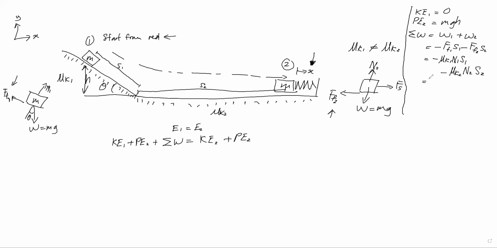What is N1? This one we can further expand. Minus mu k1. N1, see this from this particular figure, is equal to mg cos theta. So we have mg cos theta, and don't forget to multiply by S1.